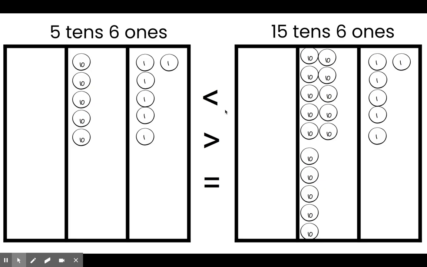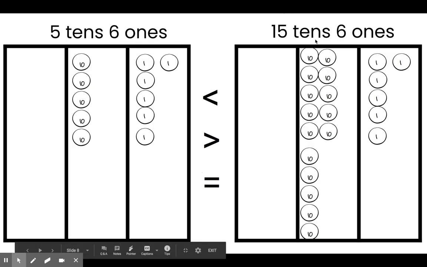So let's think about which symbol we would use to make this phrase correct. 5 tens, 6 ones is less than 15 tens, 6 ones. 5 tens, 6 ones is greater than 15 tens, 6 ones. Or 5 tens, 6 ones is equal to 15 tens, 6 ones. What do you think?